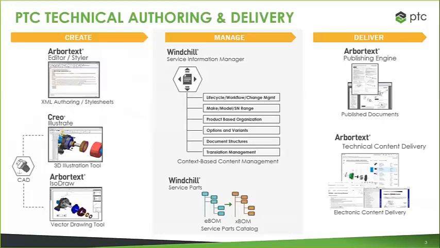IsoDraw is a great application for vector-based drawing and illustrations. It can also bring in 3D, and then you can create your 2D layouts and add in your appropriate callouts and explode your parts. And if you have legacy information, such as raster graphics or vectorized PDF graphics, IsoDraw is a great application to bring that in.